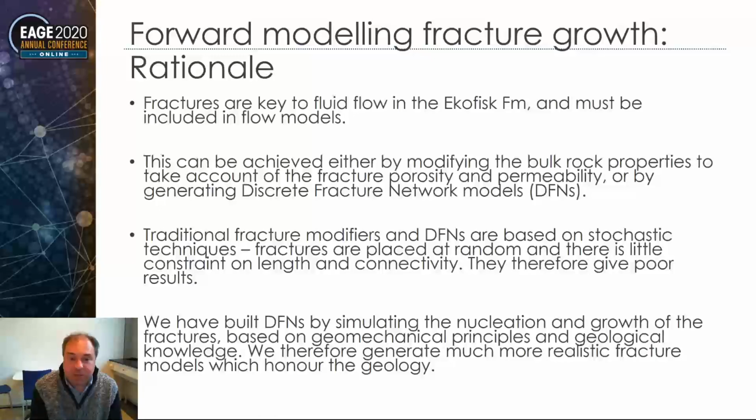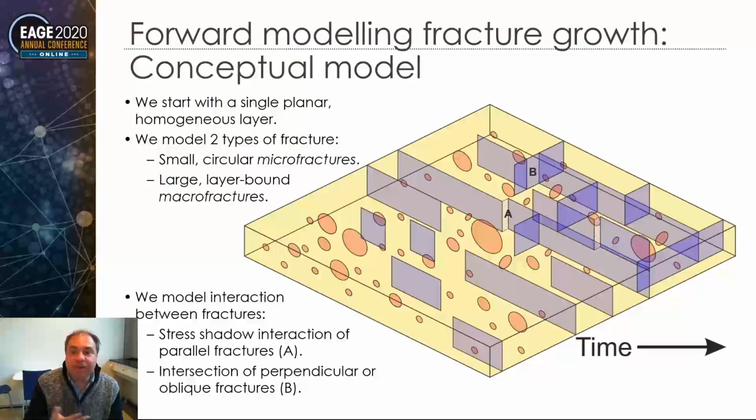So we wanted to see whether we could build a more realistic fracture model by actually simulating the geomechanical processes of fracture nucleation and growth to build a DFN. So we start with the conceptual model. We're looking at a single planar homogeneous layer, in this case representing the Ekofisk formation, and we assume that initially it has a population of small circular microfractures, probably equivalent to the small chert and stylolite related fractures we saw in the core.